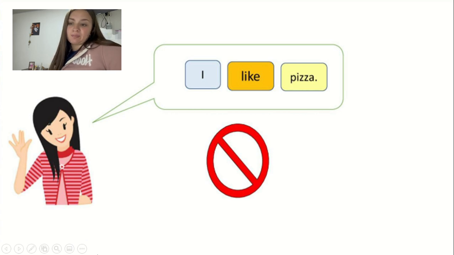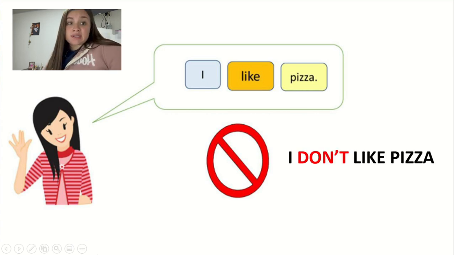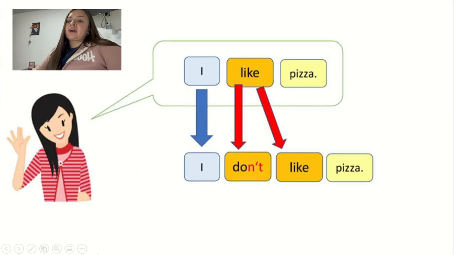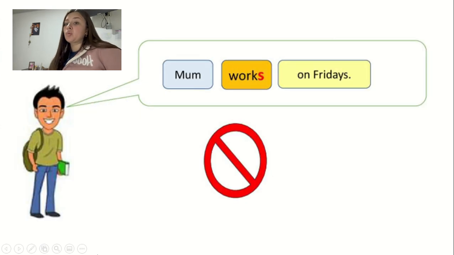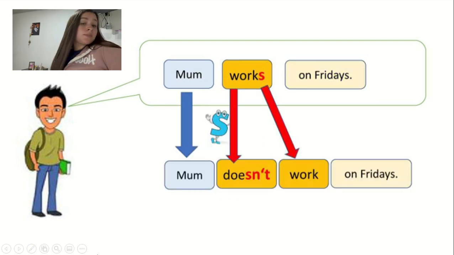For example, I like pizza, I don't like pizza, and the first person that does it in the right form is going to have a point. Okay, for example, mom works on Friday. It's the same game. My mom doesn't work on Fridays.